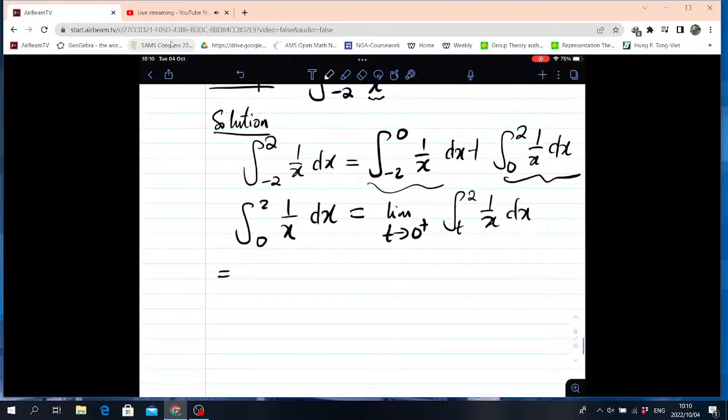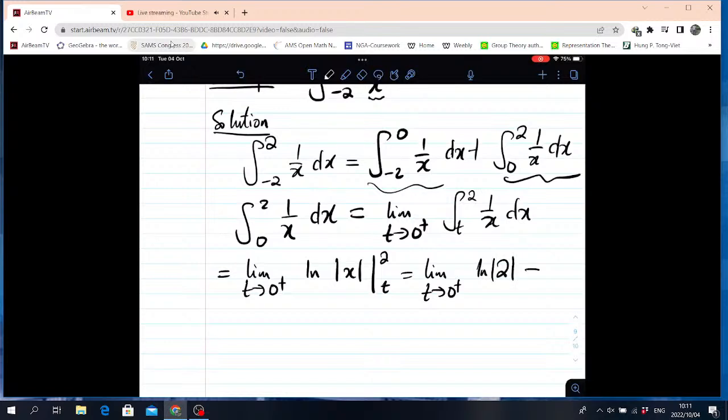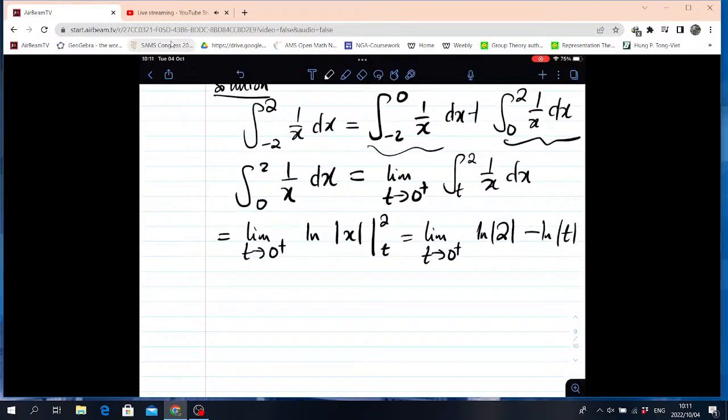And this is going to be equal to the limit as t tends to 0 of the natural log of the absolute value of x with the bounds t and 2, and that is going to be the limit as t tends to 0 from the right of the natural log of 2, if we put in the values, minus the natural log of t.